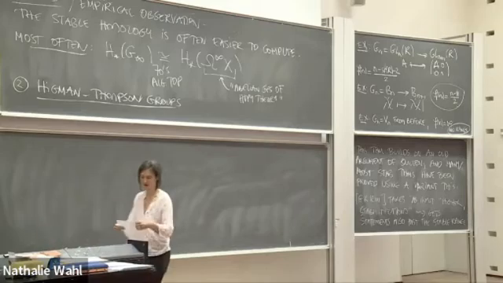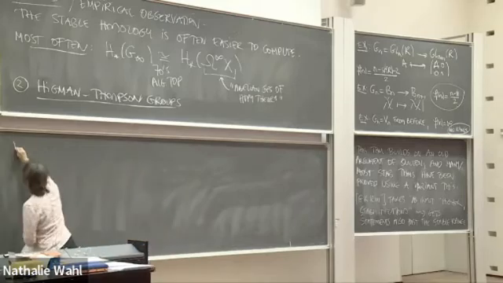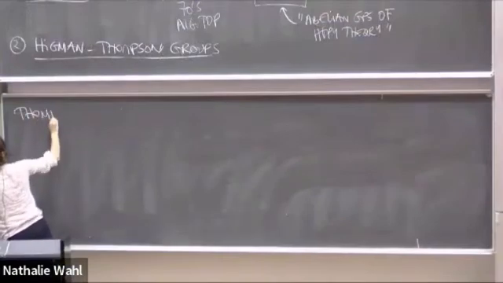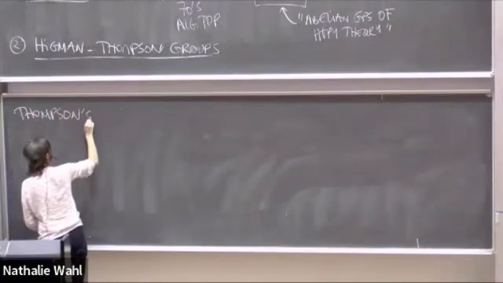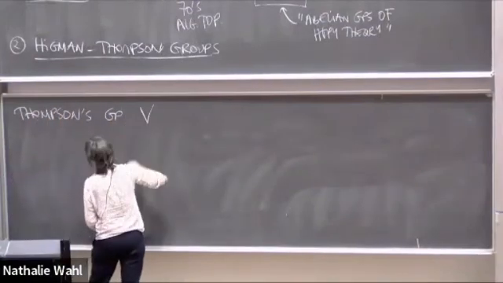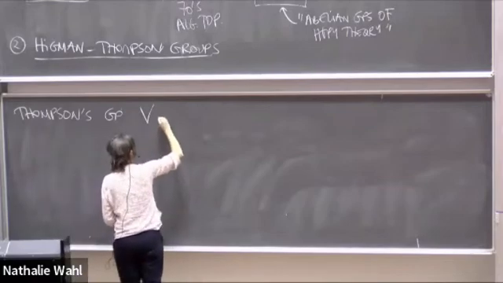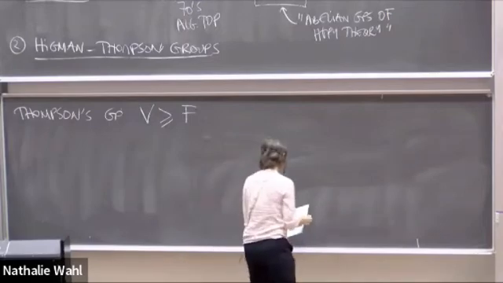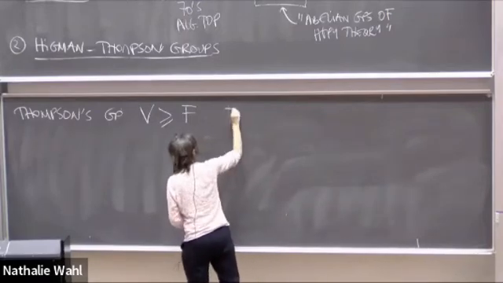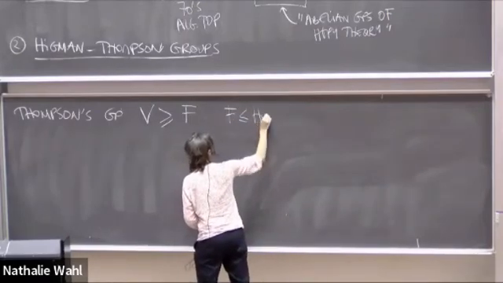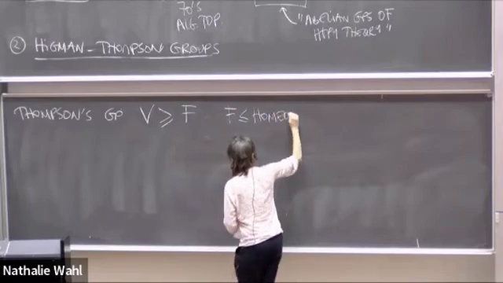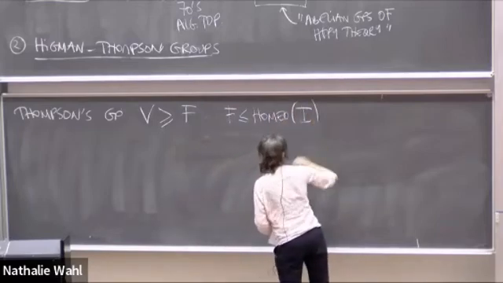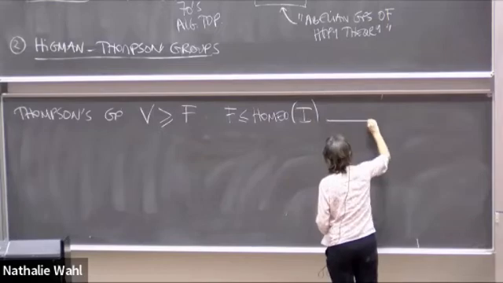So let's start with Thompson's group V. V has a subgroup called F, and it's a little bit easier to describe F. So we start with F. F is a subgroup of the homeomorphisms of the interval. Actually, they will be piecewise linear homeomorphisms.